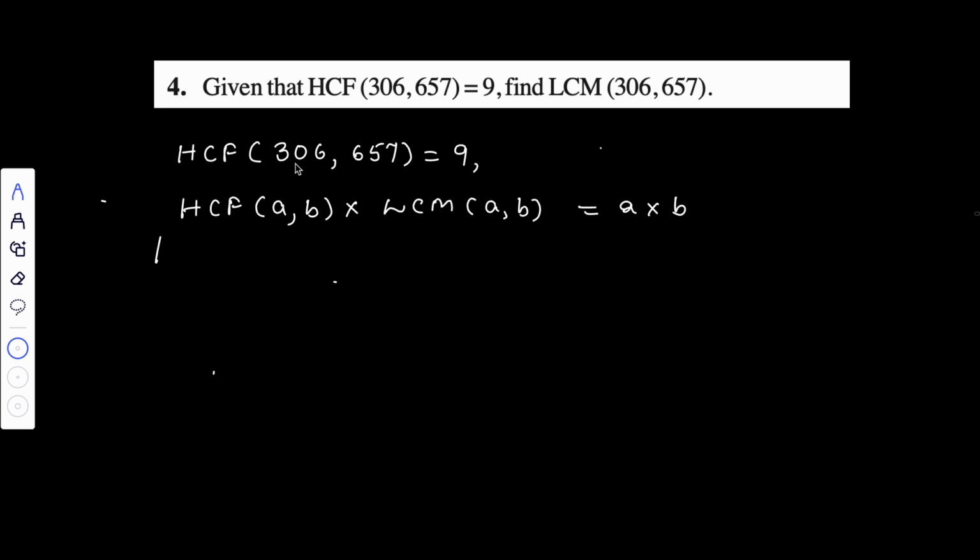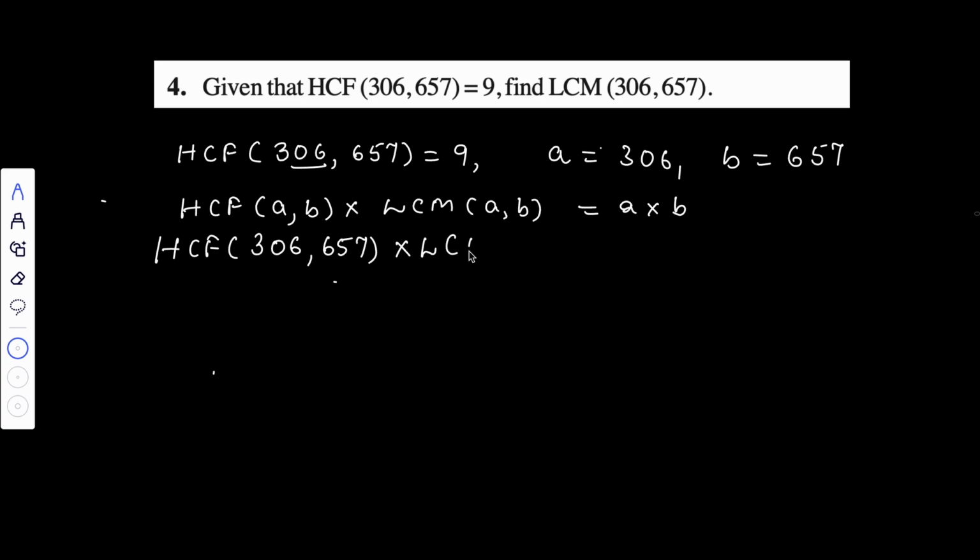Okay, here it is. Now we can write here. Here A is 306 and B is 657. So HCF of 306, 657 into LCM of 306, 657 is equal to 306 into 657. So here HCF is given 9. I will substitute.